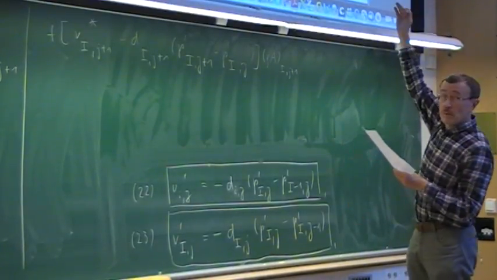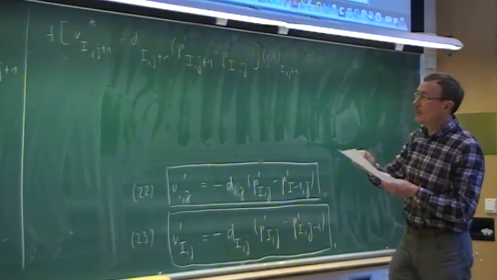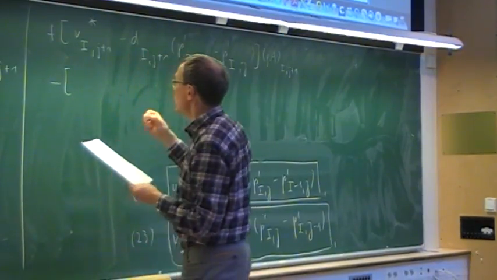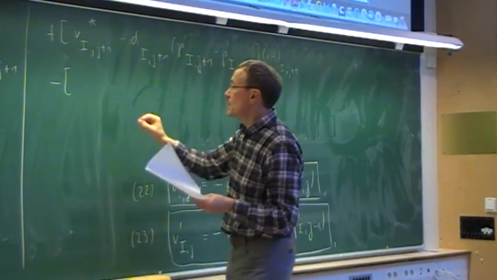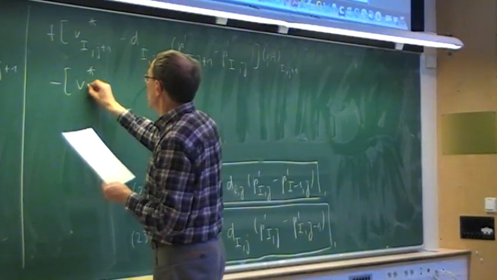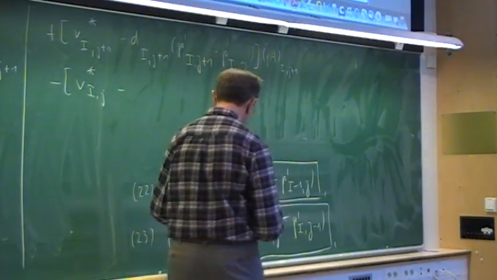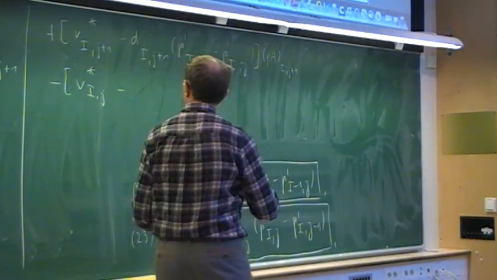So then we have the mass flux of the northern face, now the southern. That is minus, there we have the v star at ij, minus, now we use the formula 23 for getting the v prime.